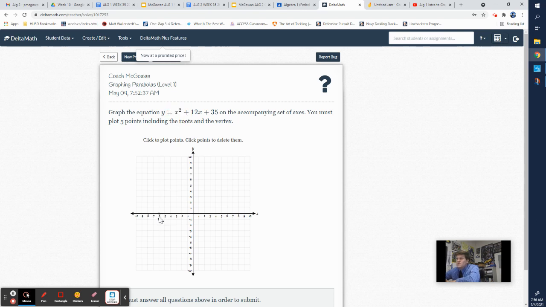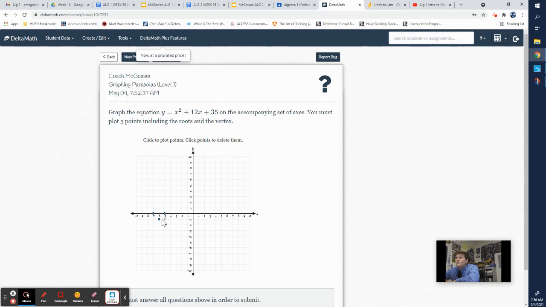So what I'm going to do is I'm going to use that 1 as a slope. 1 is a rise of 1 over 1. And I could do the same thing going the other way because it's symmetrical, because it's the same distance on both sides. So I have 3 of our points, and it looks like our graph's going up, which we should have predicted, right? Because we have that positive 1, so we're going up there.